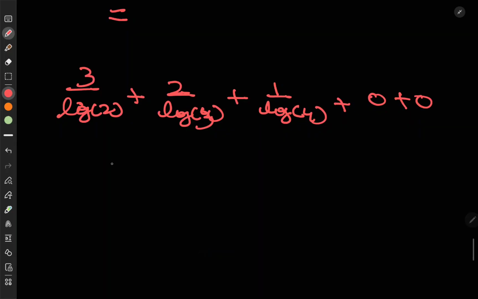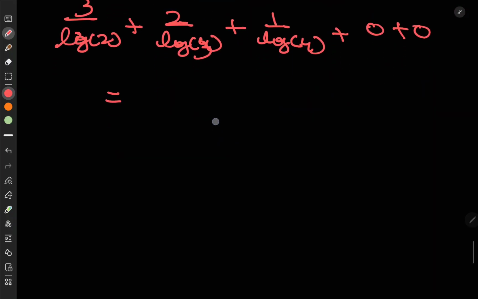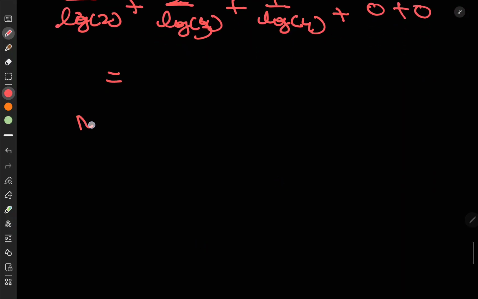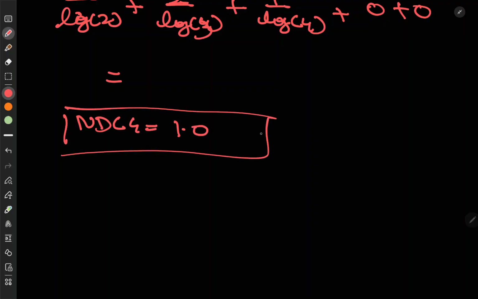Okay, now what happens is that whenever you calculate these two scores and you divide one by the other, if your NDCG comes to be 1.0, it means you have made a perfect model. Like the model is giving really good ranking and showing the most relevant post at the top and the less relevant post at the bottom, right?